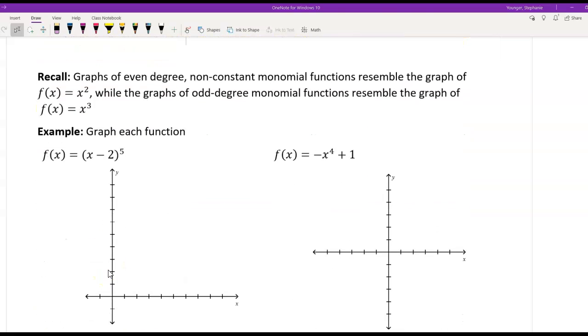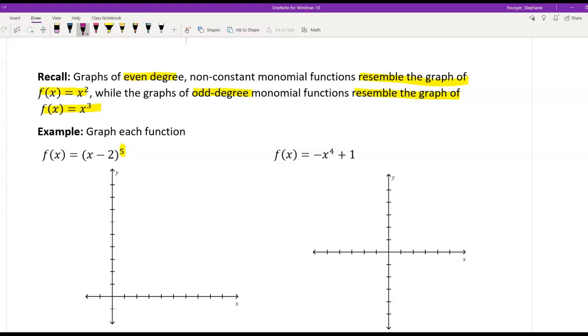All right, so now I want you to recall from a previous lesson, graphs of even degree resemble the graph of f of x equals x squared, while graphs of an odd degree resemble the graph of f of x equals x cubed. So when we take a look at this function, we have x minus 2 to the 5th power, which means it's going to have that cubic shape, except that it'll be a little wider towards that middle part.